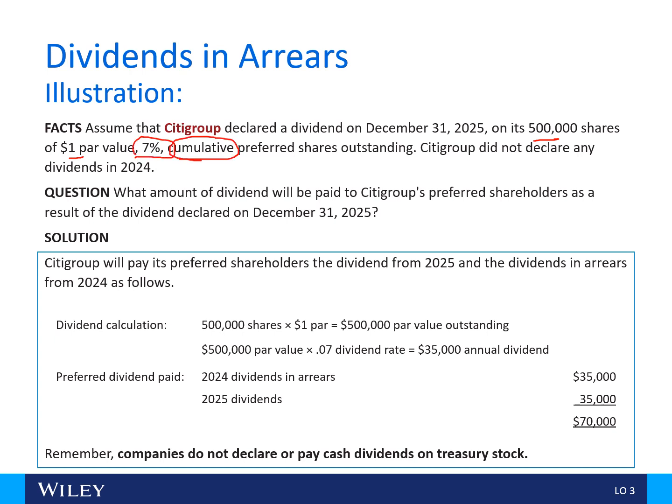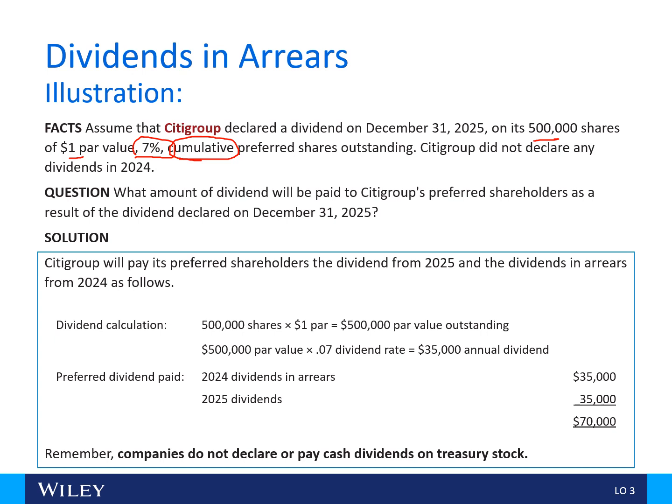I mentioned earlier the concept of cumulative. Cumulative means that if any dividends were not paid in previous years, when the company does finally decide to pay dividends, all amounts that were previously skipped, or the term is previously passed, will be paid to preferred shareholders before common shareholders receive anything.